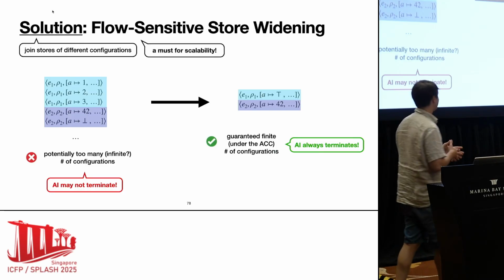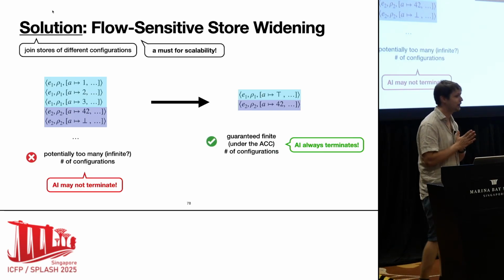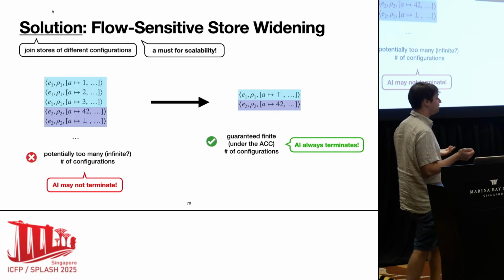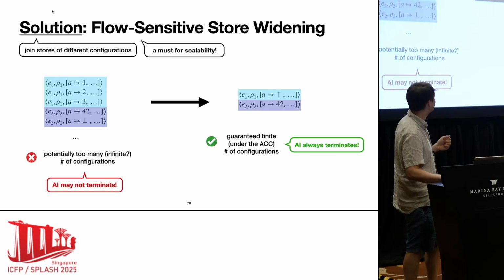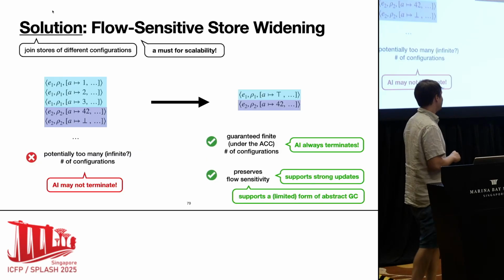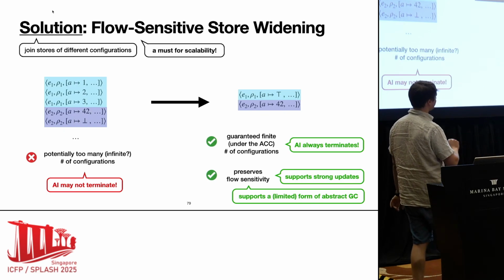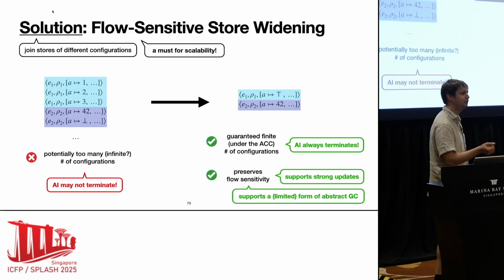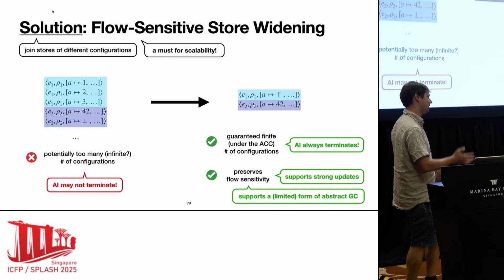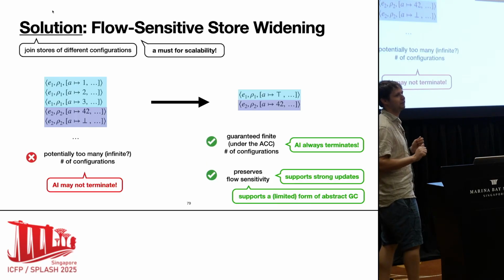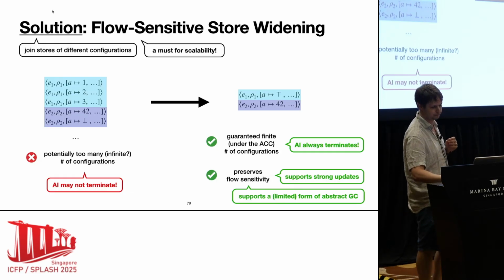If we do that, then we can show that we are guaranteed to end up always with a finite number of configurations under the ascending chain condition. So our abstract interpreter always terminates. And importantly, we are able to preserve flow sensitivity, meaning we can still support strong updates as well as a limited form of abstract garbage collection. I'm saying a limited form because the widening does counteract some of the precision benefits of garbage collection.